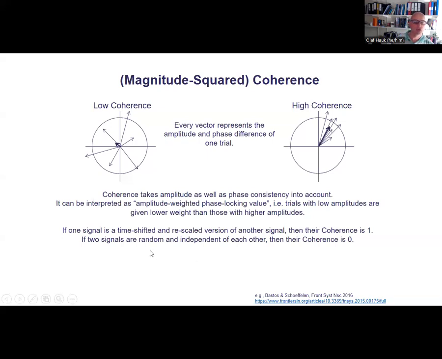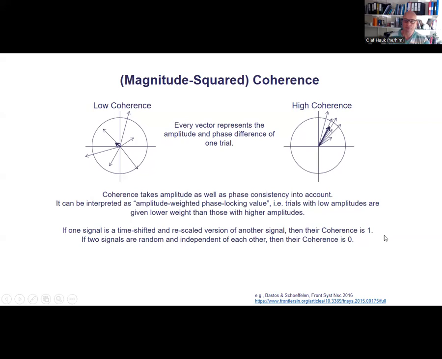Maybe a slightly more down-to-earth way of describing what coherence does: if one signal is a time-shifted and possibly rescaled version of another signal, then their coherence is exactly 1. So that's one extreme case. Imagine you have one signal in one region, and this is just a little bit delayed in another region, and maybe a bit amplified or a bit dampened. You would still have perfect coherence in that case.